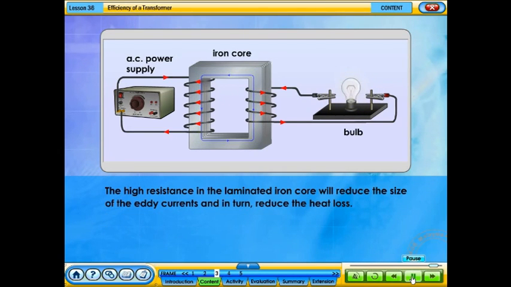The high resistance in the laminated iron core will reduce the size of the eddy currents and, in turn, reduce the heat loss.